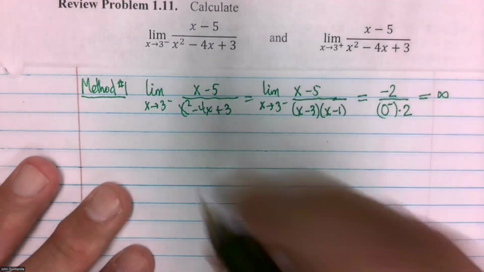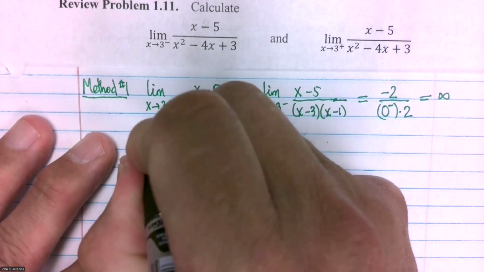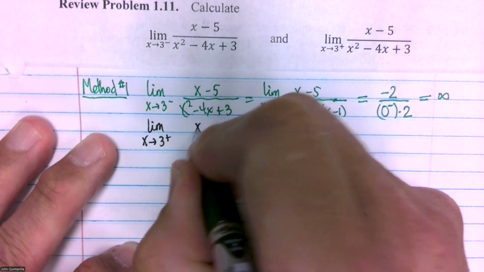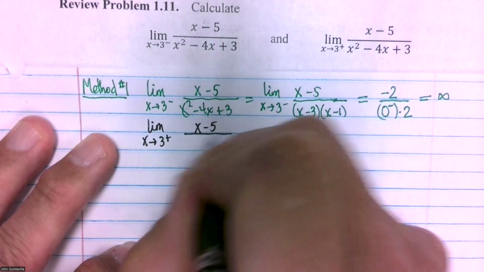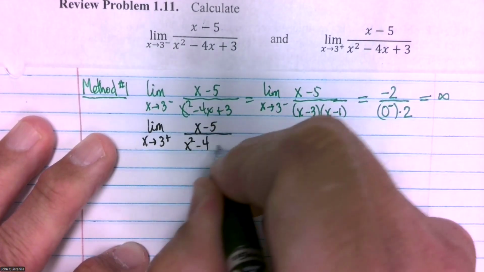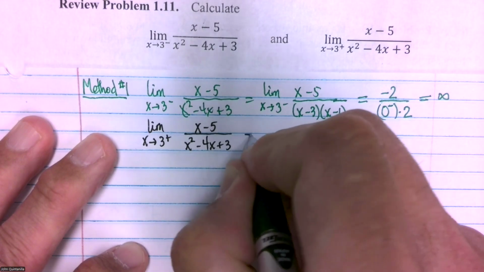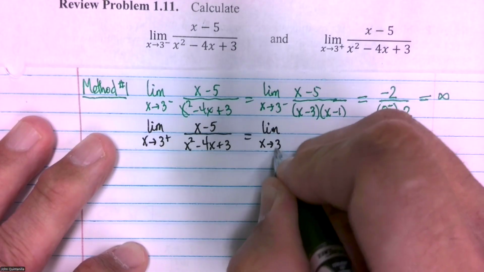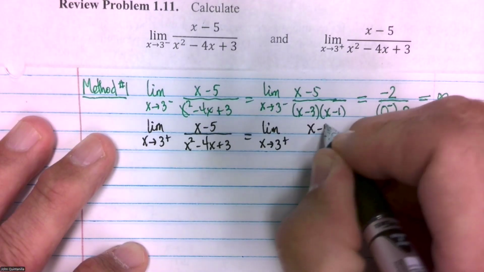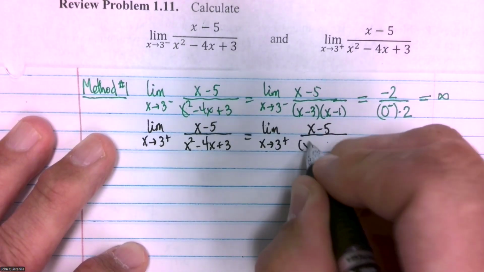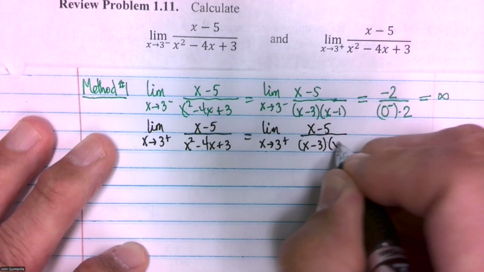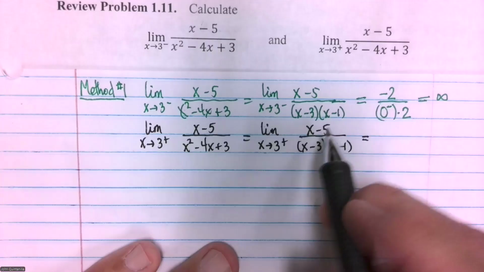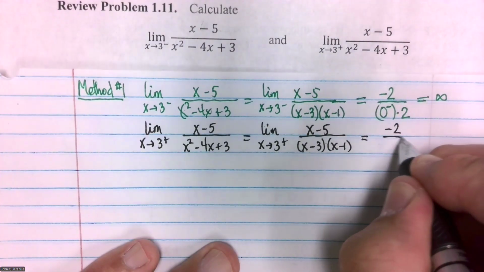For the second one, it's going to be very much the same kind of calculation. The limit as x approaches 3 from above of x minus 5 over x squared minus 4x plus 3. And again, I factor the denominator: x minus 5 over x minus 3 times x minus 1. All right, as x approaches 3, x minus 5 goes to negative 2.